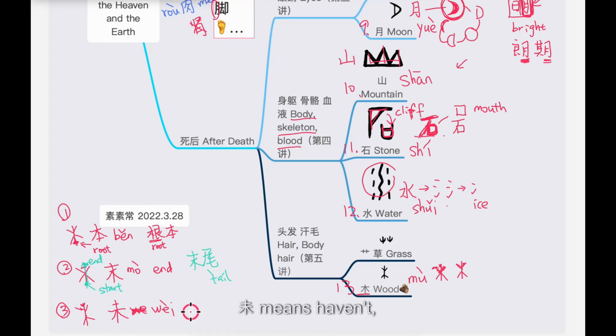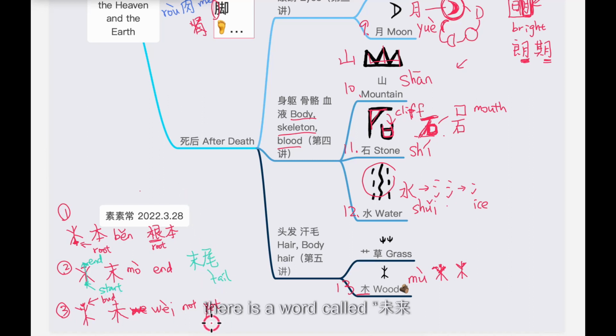Wei means haven't, not yet. As you can tell, this new leaf hasn't fully grown yet. Maybe just a tiny leaf on top, not fully grown.